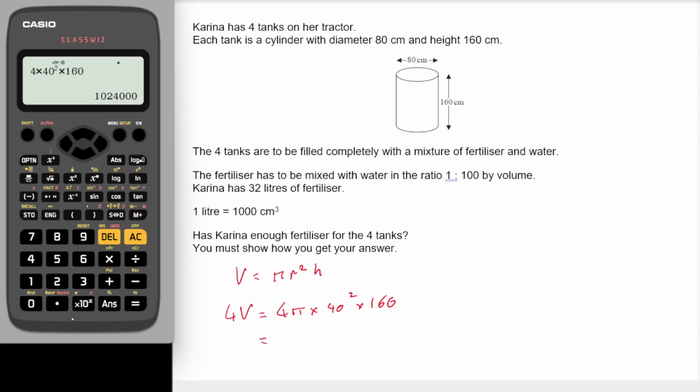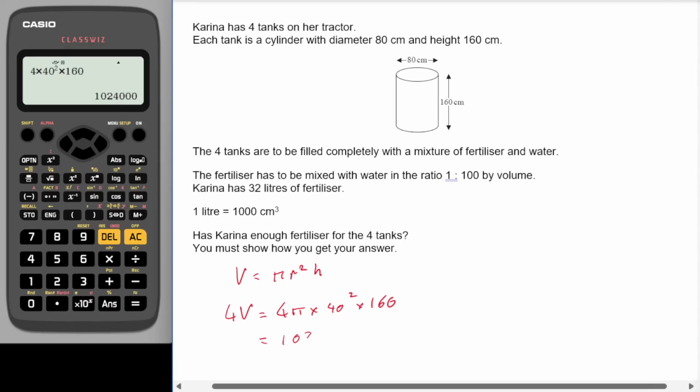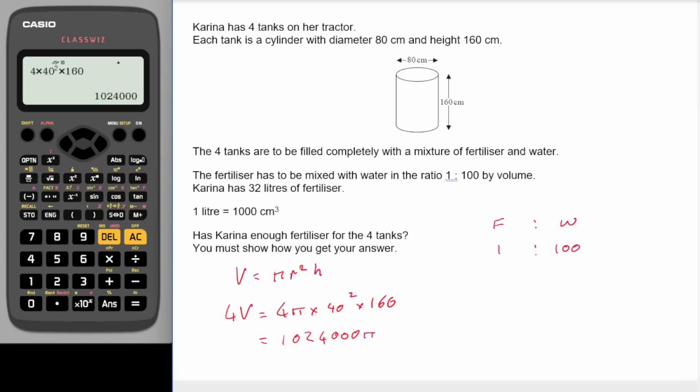Large number. So 1,024,000 pi is the volume that she has to be able to fill. Then we've got fertilizer to water. So fertilizer to water is in the ratio 1 to 100.